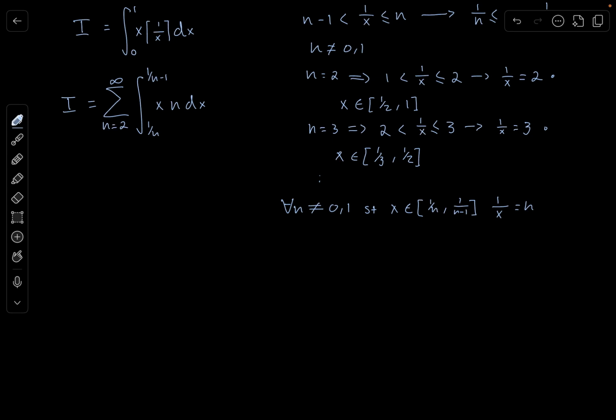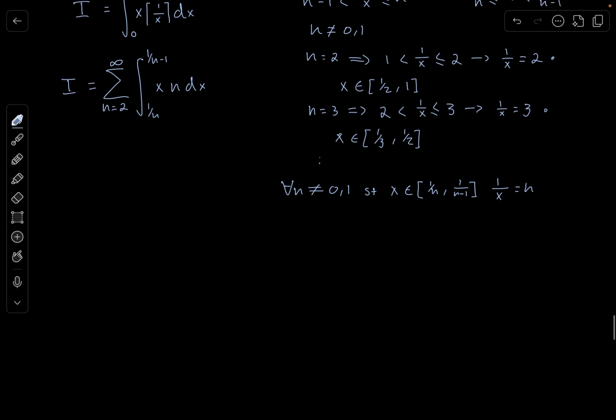So we can integrate this really easily because I is equal to the sum from n equals 2 to infinity of n times 1/2 x squared from 1 over n to 1 over n minus 1.